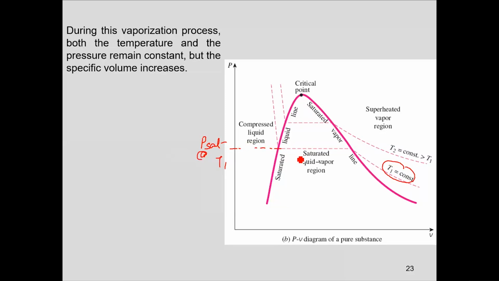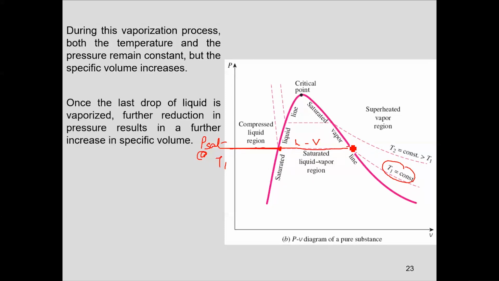At T1, at this point, the phase transformation from liquid to vapor starts taking place. Once the process is complete and the last drop is vaporized, further reduction in pressure results in further increase in specific volume. So if you further decrease the pressure, you see the specific volume increasing along this line.